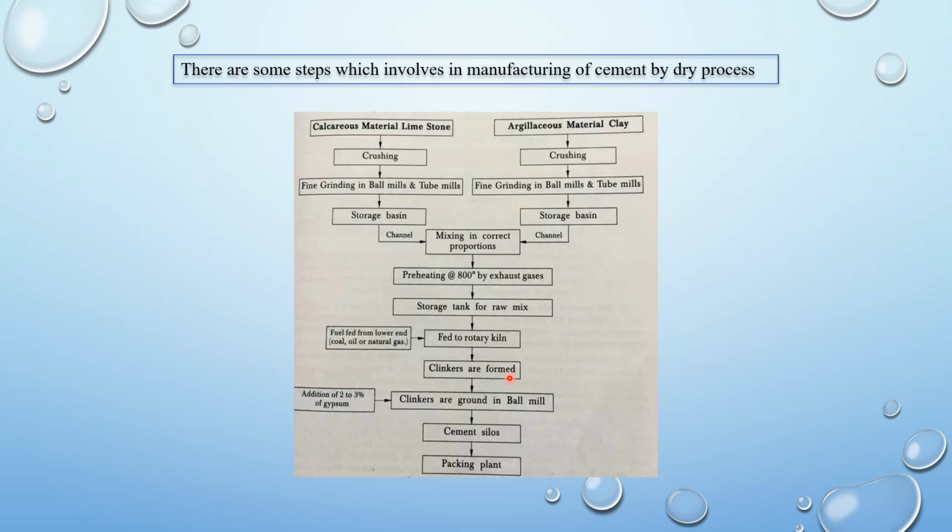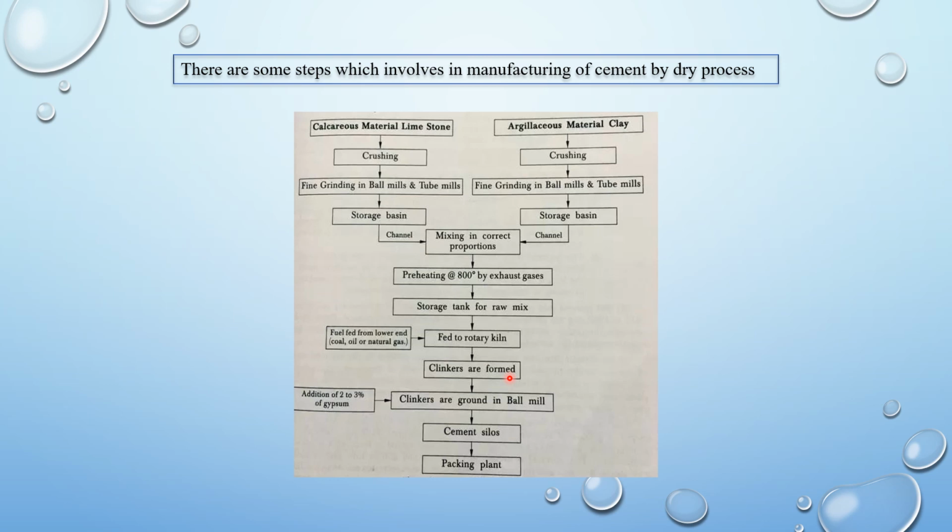After the grinding, the clinker is converted into cement. Now, that cement is fed into the cement silos. After the cement silos, where the cement is cooled down, it is fed into the packing section, where it is packed and shipped toward the different areas.